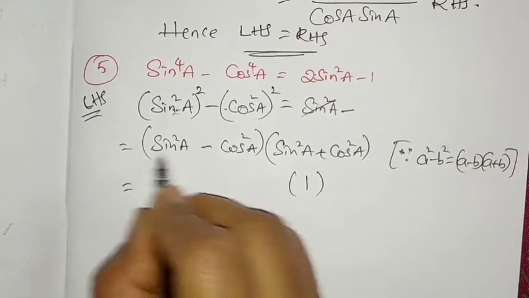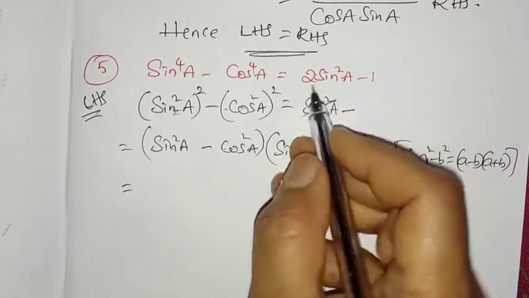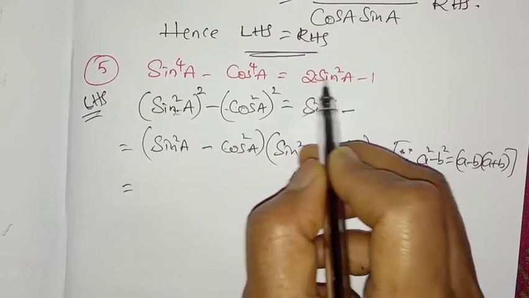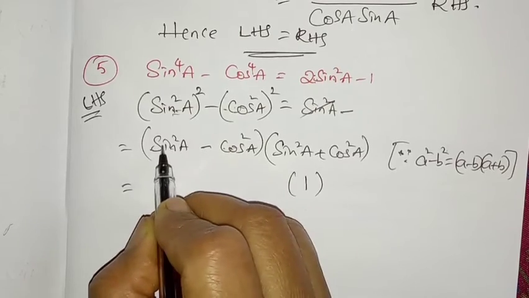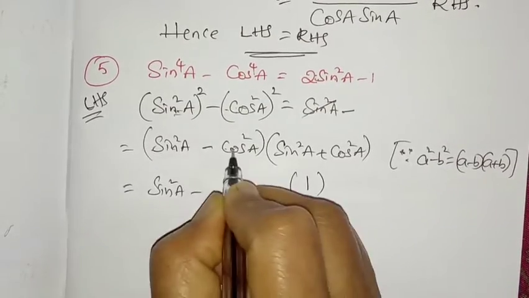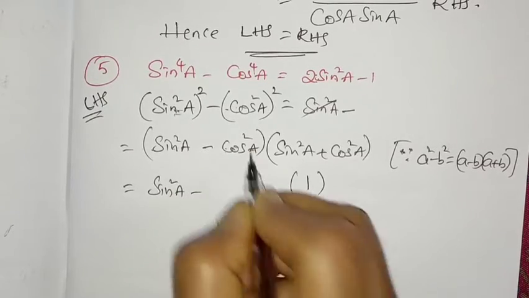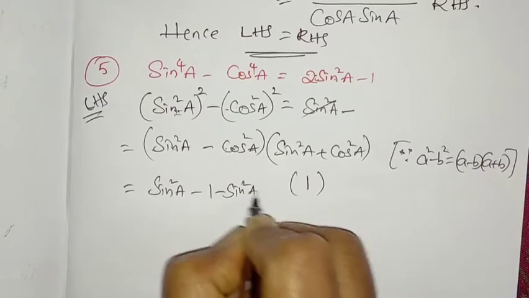Now we have to turn this into the RHS part. What is the RHS part in terms of sine? So cos also will turn in terms of sine. How can we write cos square? 1 minus sin^2 a.